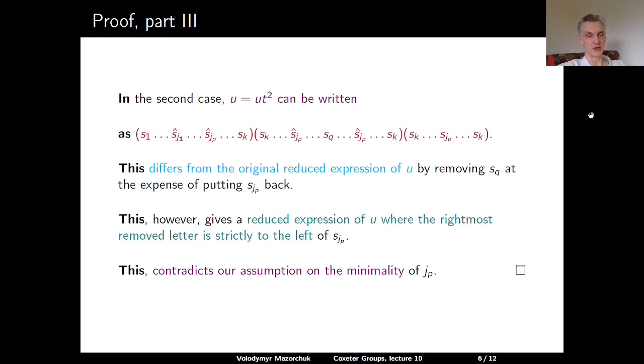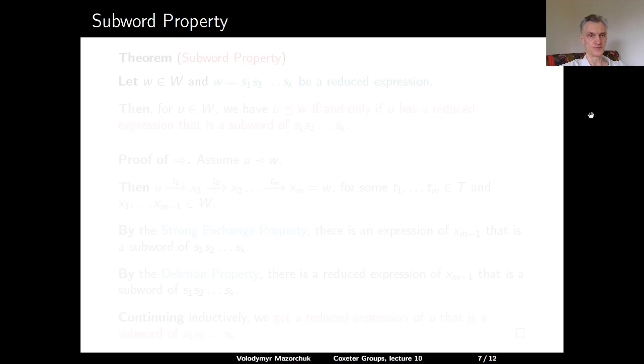Our reduced expression for u was not arbitrary, it was chosen so that the rightmost removed letter is the minimal possible. And here we see that we can manipulate it to get a reduced expression where the rightmost removed letter is strictly to the left. So this obtained contradiction completes the proof.